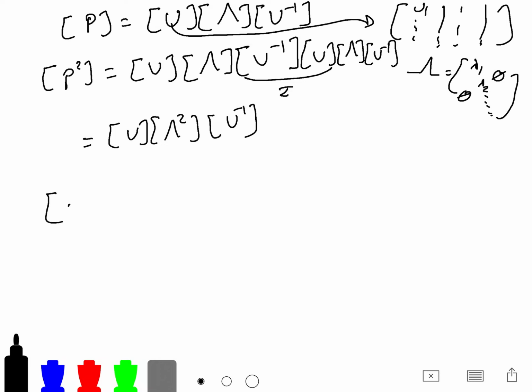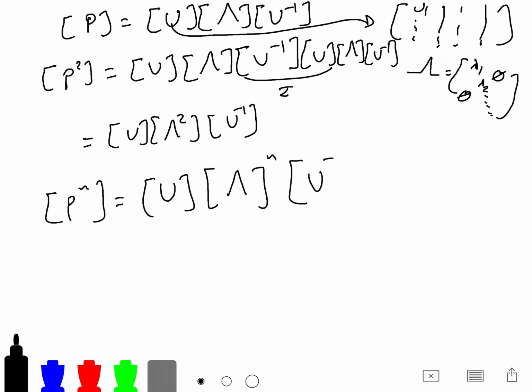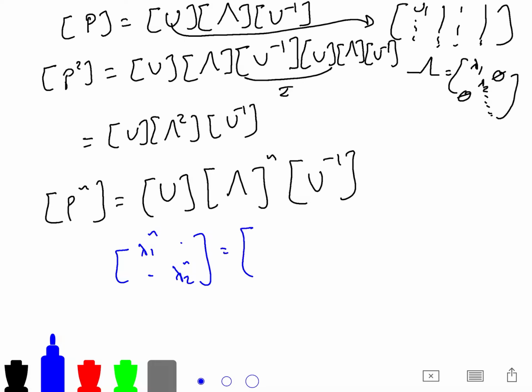In general, you can write P to the n as U lambda to the n U to the minus 1. For example, lambda 1 to the n, lambda 2 to the n, you can just decompose it as this one plus this one.